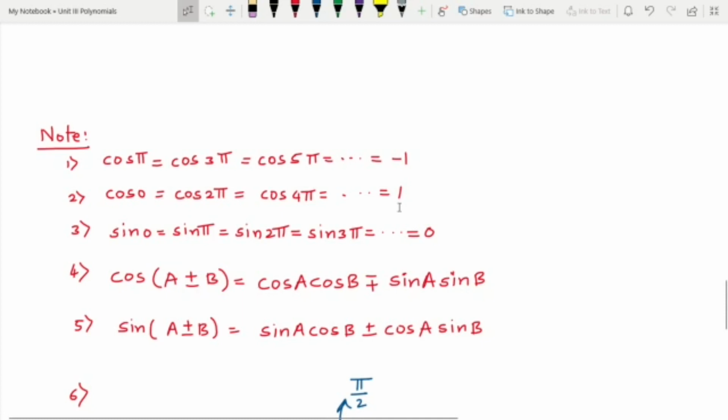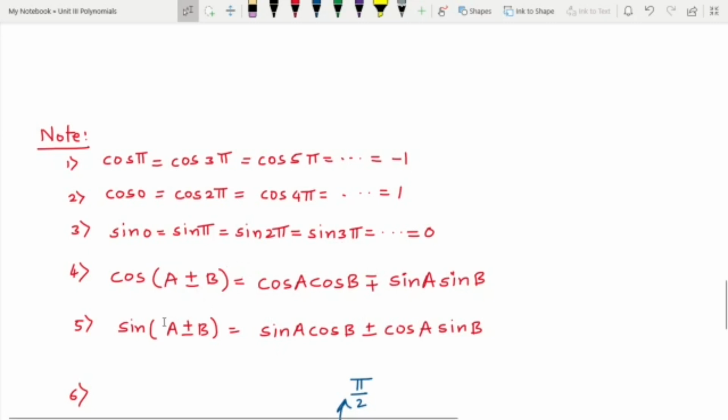All these values are going to be 1. Means cos of even multiples of pi is always going to be 1. This is also true on the negative side. Next is sin 0, sin pi, sin 2 pi, sin 3 pi is directly equal to 0. This is also true for negative values.